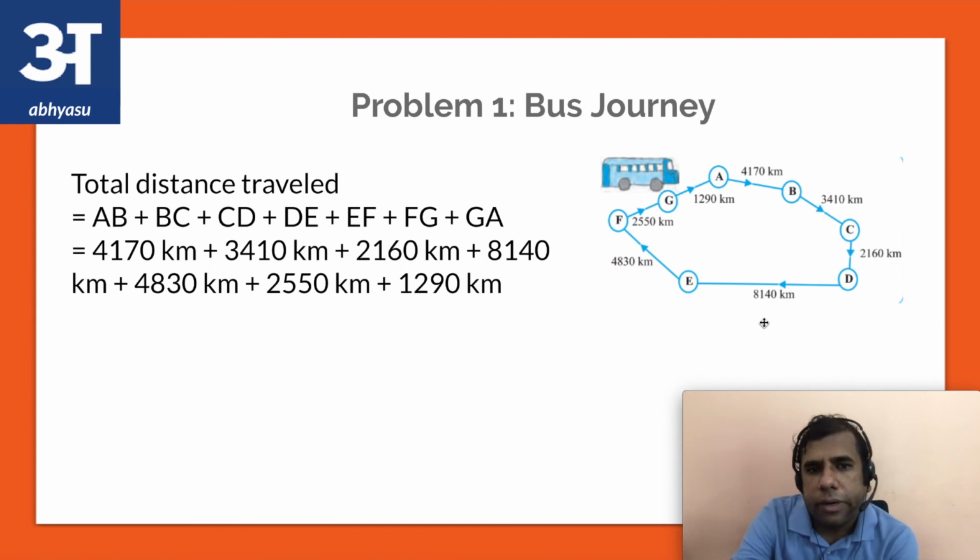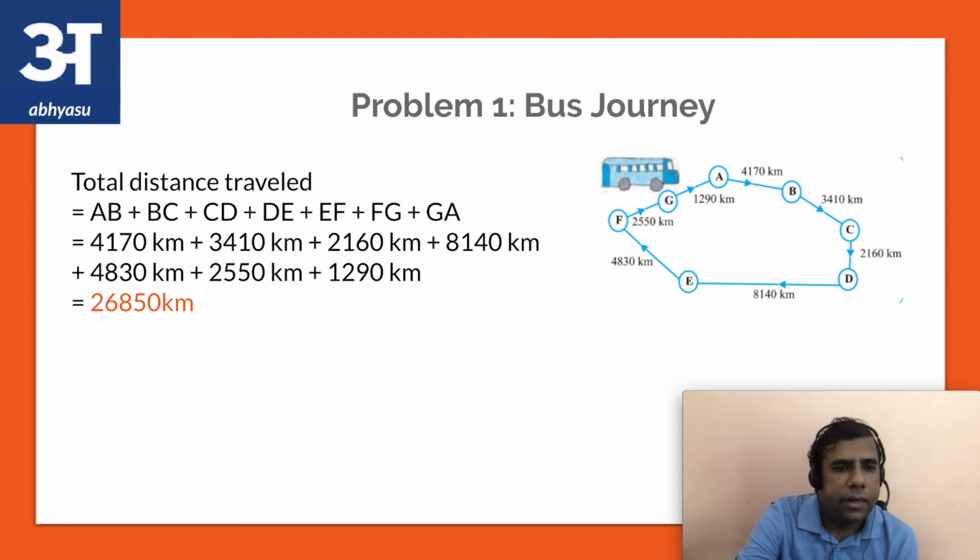You should pause the video and do the addition yourself, as well as check your answer. Once you do that, you will realize that if you add each of these numbers, the answer comes out to be 26850 kilometer.